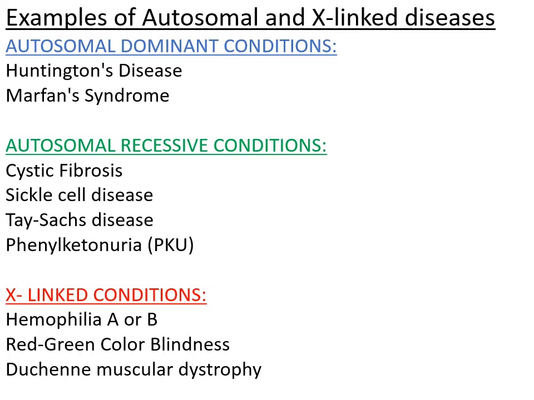Okay, so the next one is Tay-Sachs disease. Again, autosomal recessive, meaning you need both alleles from the parents to inherit this disease. And this disease is destruction of parts of the brain and the spinal cord.